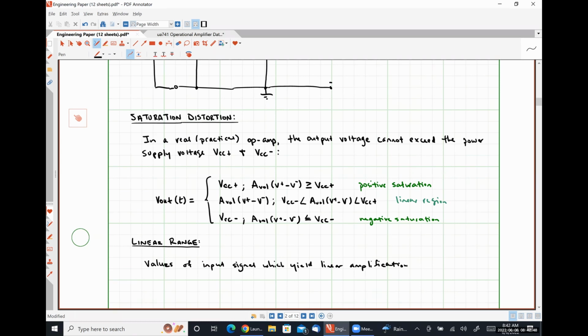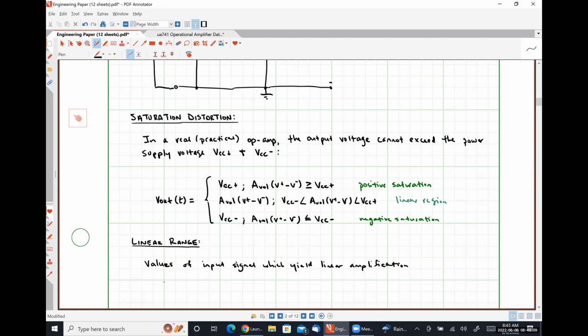meaning that our amplifier is actually acting like an amplifier in as much as it is providing a scaled version of the input signal. Okay, and how we determine the linear range is actually very easy.